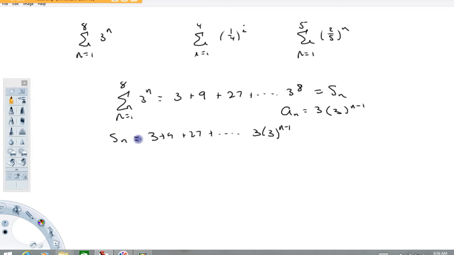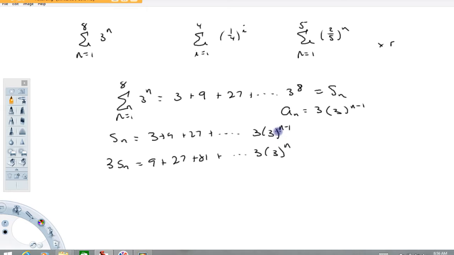Now, there's a trick again for finding the sum of a geometric sequence. Remember that trick. Step 1, multiply both sides by r. In this case, the r is 3. So we're going to have 3 times S sub n equals 9 plus 27 plus 81 plus, okay, that last term we're going to have is 3 times 3 to the n.